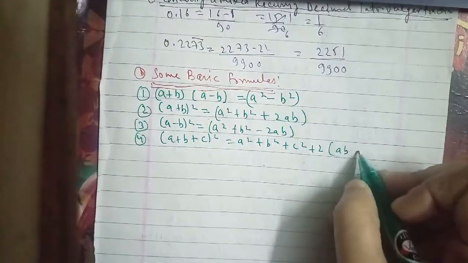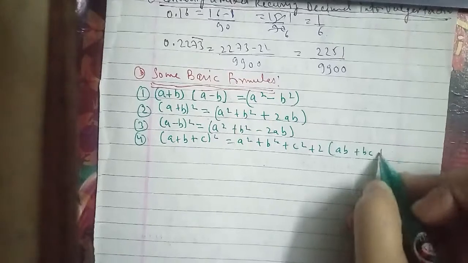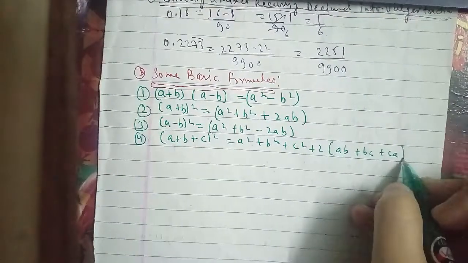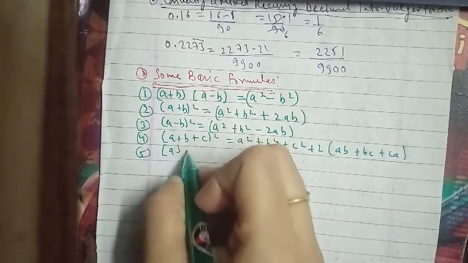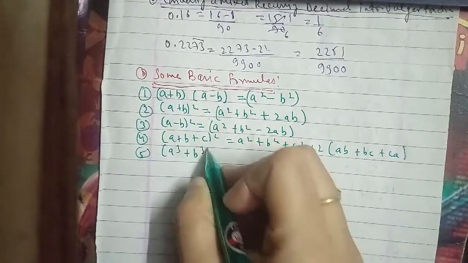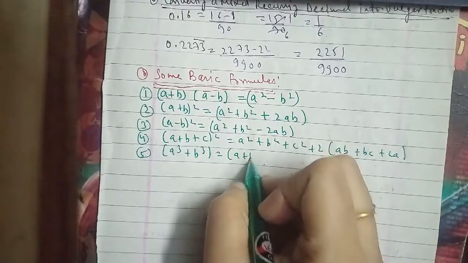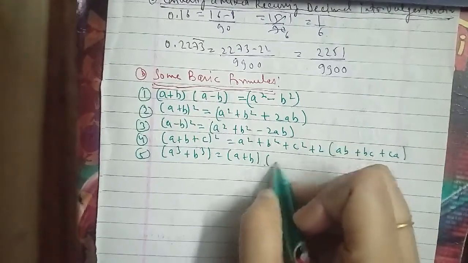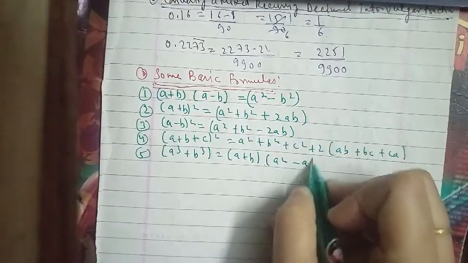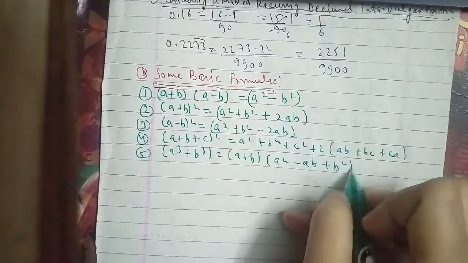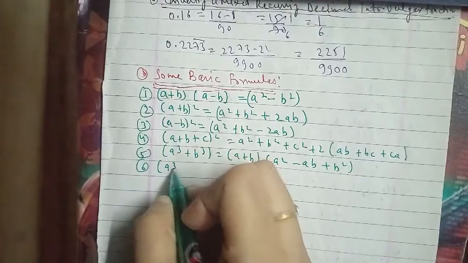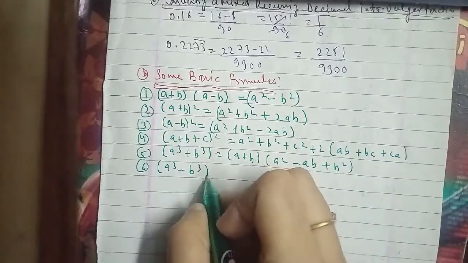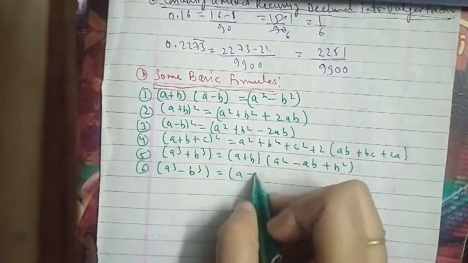The fifth formula is a cube plus b cube, which equals a plus b times a square minus ab plus b square. The sixth formula: a cube minus b cube equals a minus b times a square plus ab plus b square.